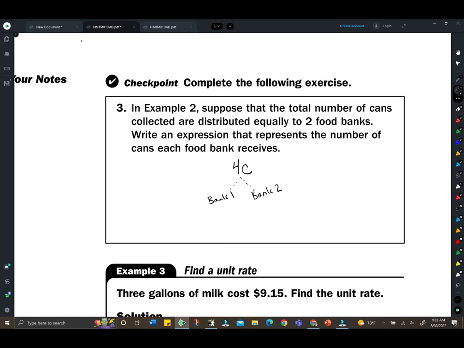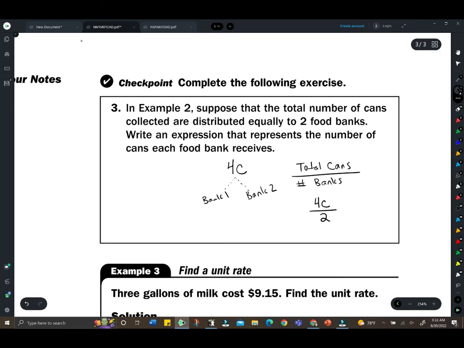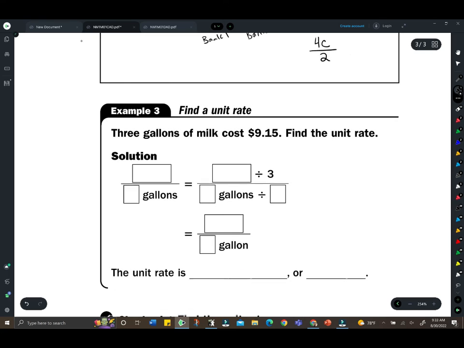So what we're doing is we are taking the total cans, dividing by the number of food banks, and total cans from the previous question is 4C divided by 2. So that is how many each of the food banks would receive.